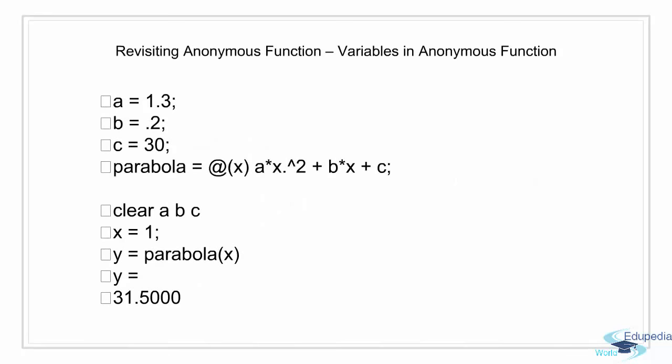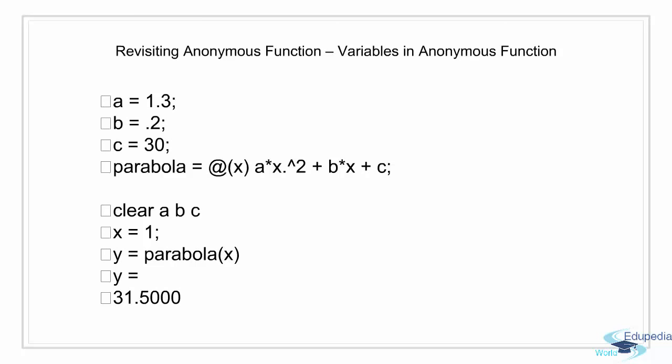Function handles are capable of storing not only the expression but also the variables that are used in the expression. For example, here I have created an anonymous function with function handle parabola that uses variables a, b and c to manipulate input x. As a, b and c were available at the time I created the parabola, the function handle will include these values.